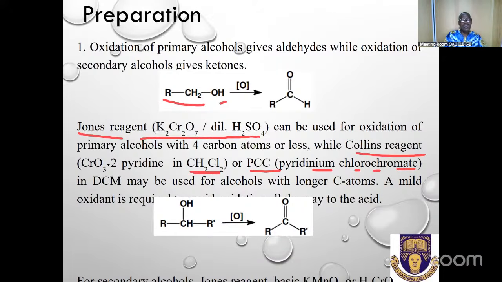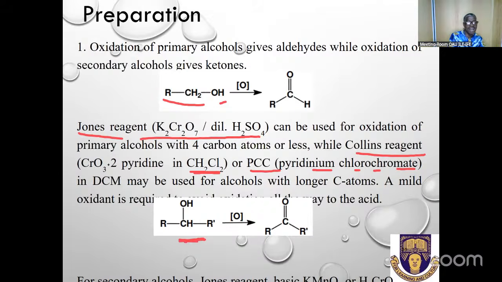For alcohols that have 4 carbon atoms or less, you can use Jones reagent, while PCC can be used for alcohols that have longer carbon chains. And PCC is a mild oxidizing agent.